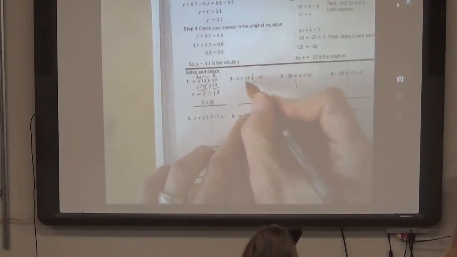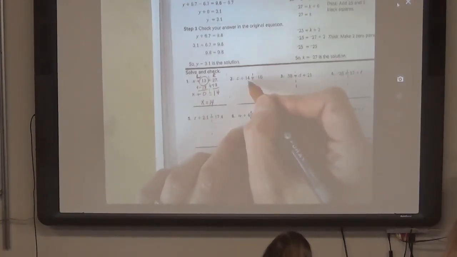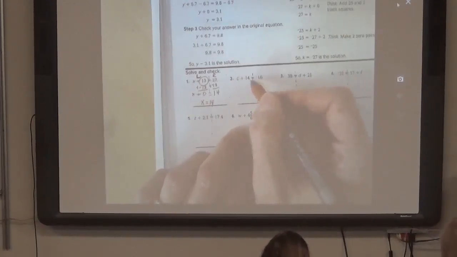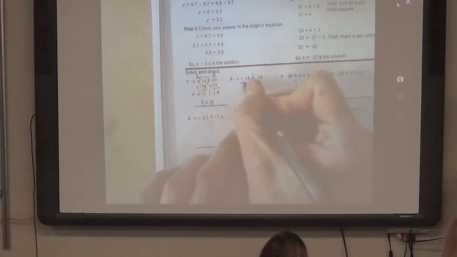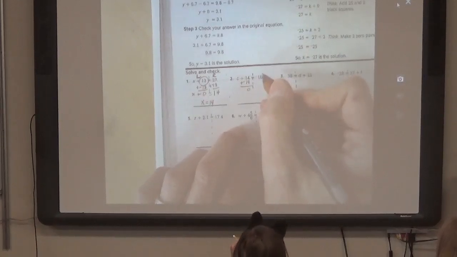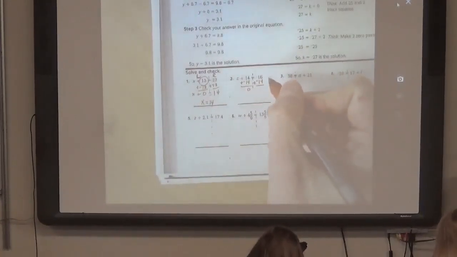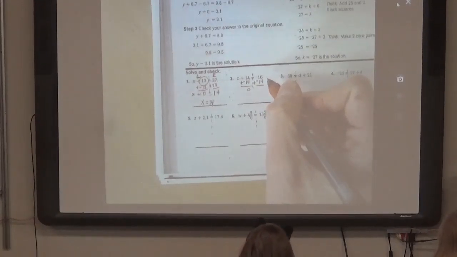So let's go to this one. Start on the side with the variable. And how do you get rid of 14? Cool? Add negative 14. Great. So add negative 14. What do you do on the other side? Also add negative 14. Abby, how do we find the answer then?